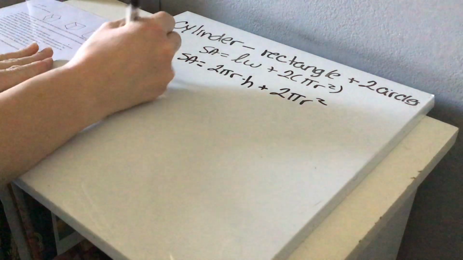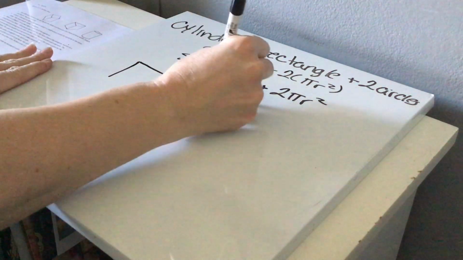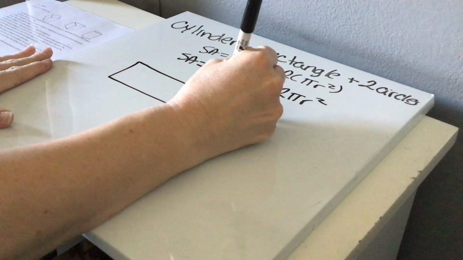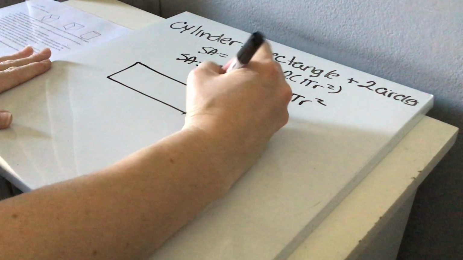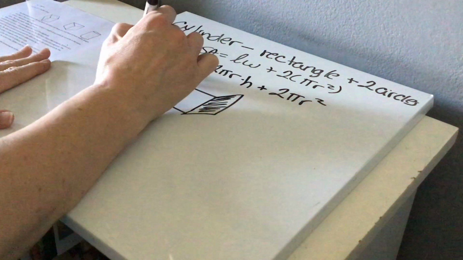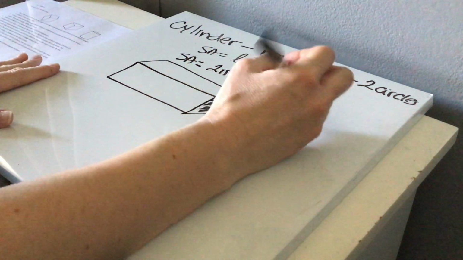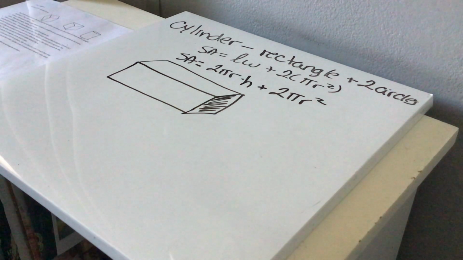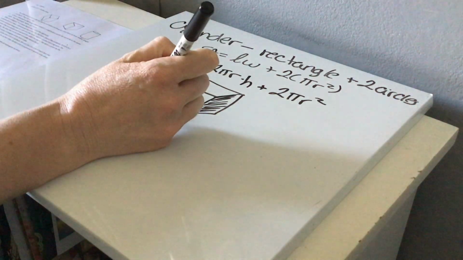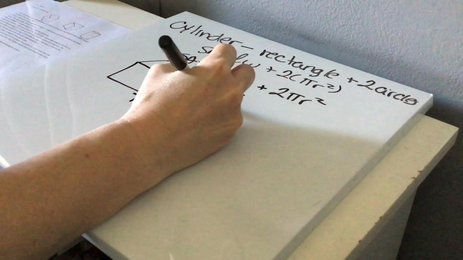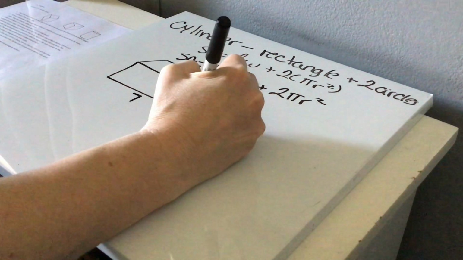All right. So here is a rectangular prism, and we're going to find the surface area of it. I did not label them, so we're going to say this is 7, this is 5, and this is 2.